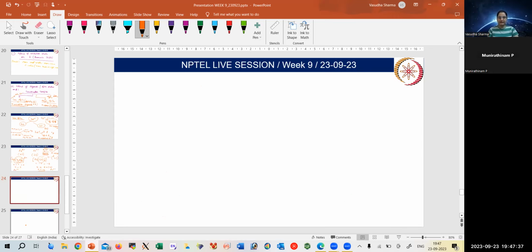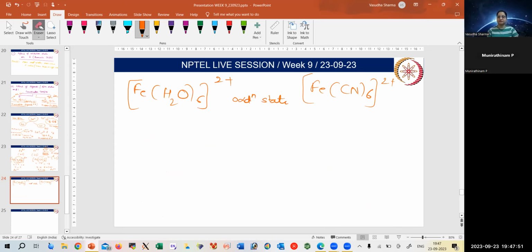So we have iron in [Fe(H2O)6]2+ and [Fe(CN)6]4-. Here we have kept the oxidation state constant: iron in +2, iron in +2. Water is a weak ligand.